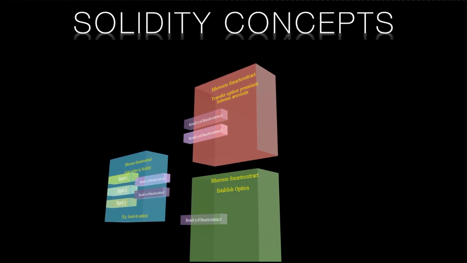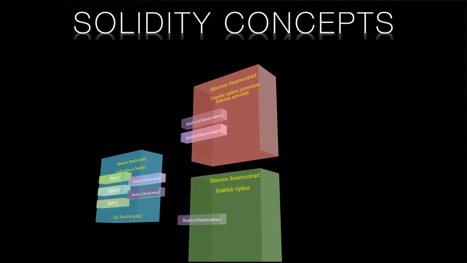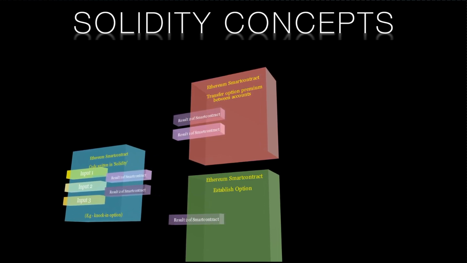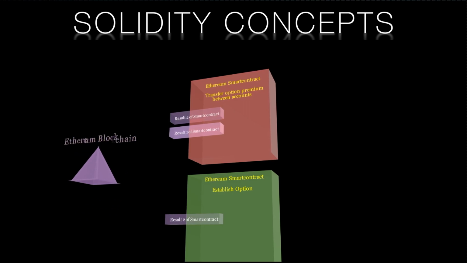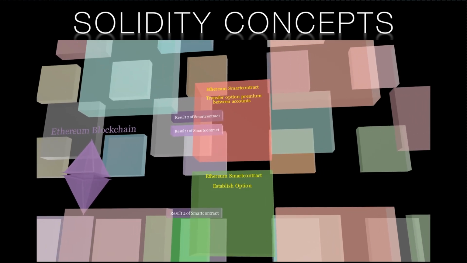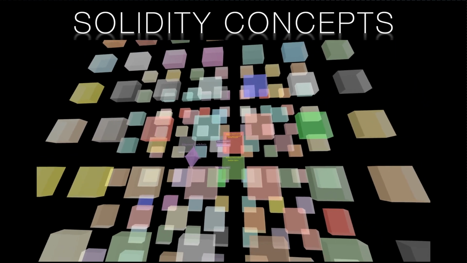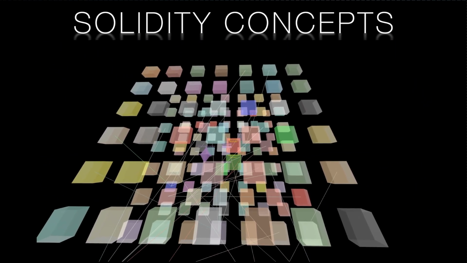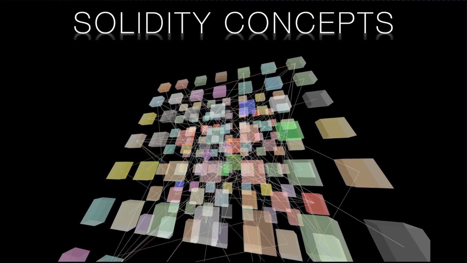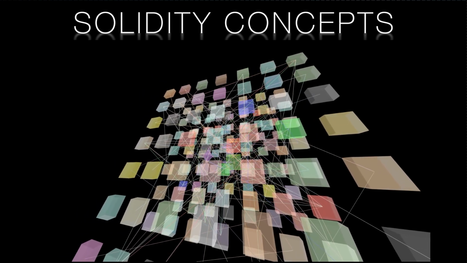As each contract is added, the capability of the whole network is enhanced. The code is the legal contract, and the legal contract is the code. Entire enterprise applications can be built by composing existing smart contracts.